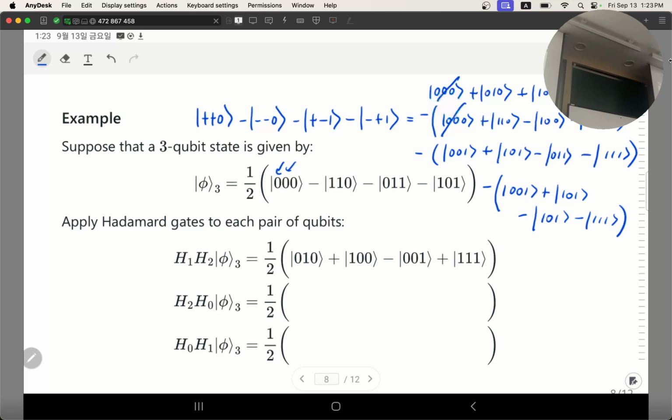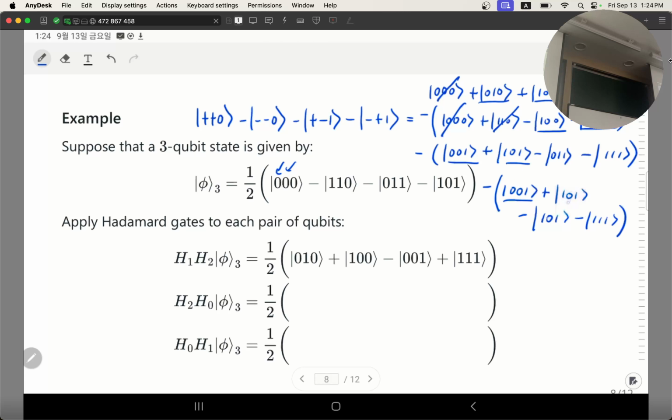Okay, how about 0, 1, 0? Where is 0, 1, 0? I have twice of these. So I keep this, and 1, 0, 0, I have twice of these, okay, and then I have 1, 1, 0 cancel each other, and here I have twice of these, and then I have 1, 0.